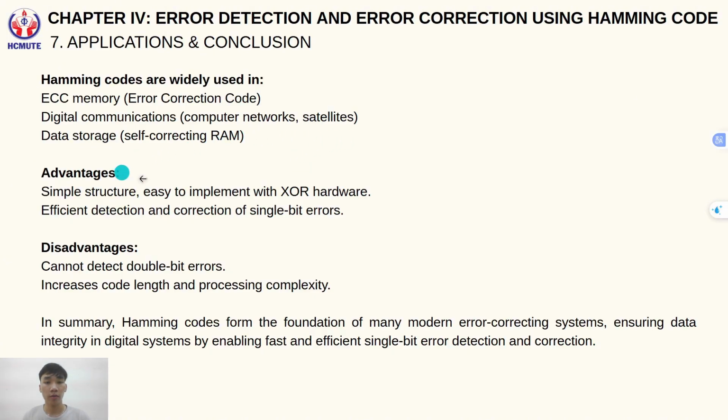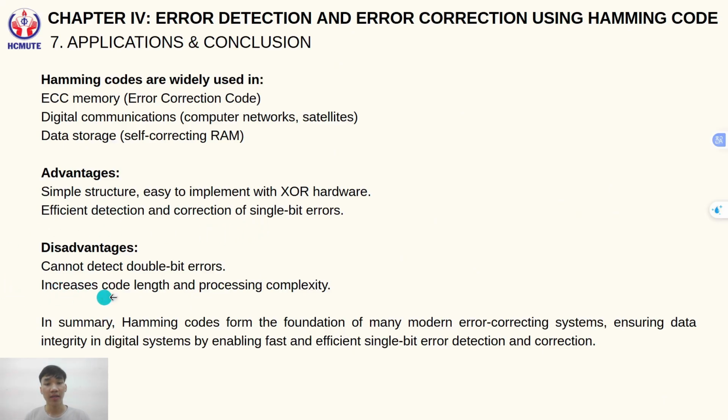Finally, let's talk about the application and conclusion. Hamming codes are widely used in ECC memory, digital communication like computer networks, and data storage. The advantages are that they have a simple structure, are easy to implement using XOR gates, and can efficiently detect and correct single bit errors.